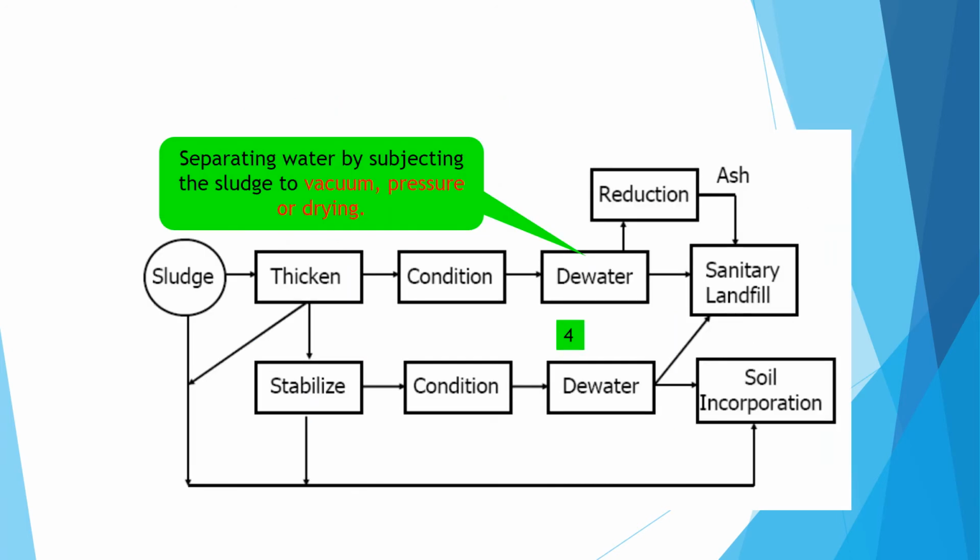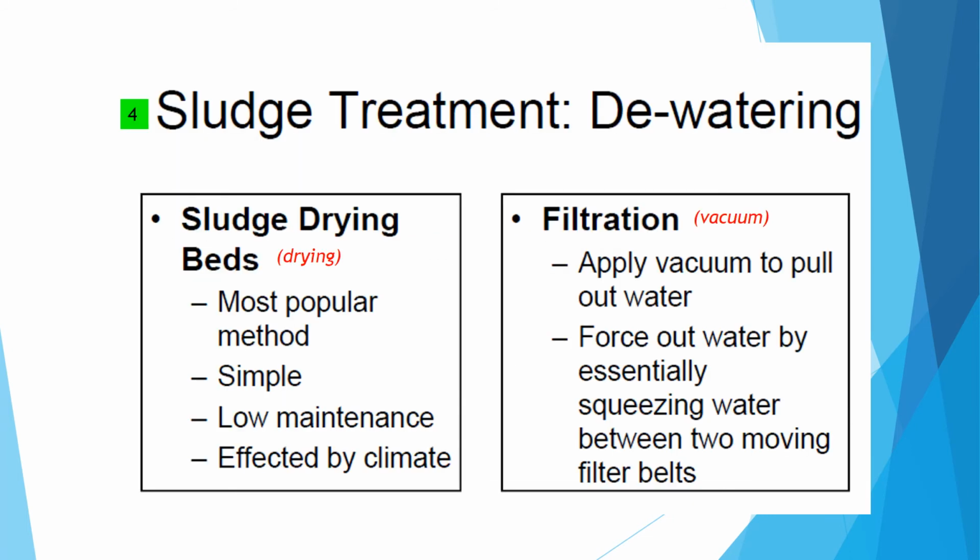Okay, next is dewatering. Dewatering is also to separate the water by subjecting the sludge to vacuum pressure or a drying system. It also has two types of process, such as using the sludge drying bed as a drying process, and filtration in the vacuum process.